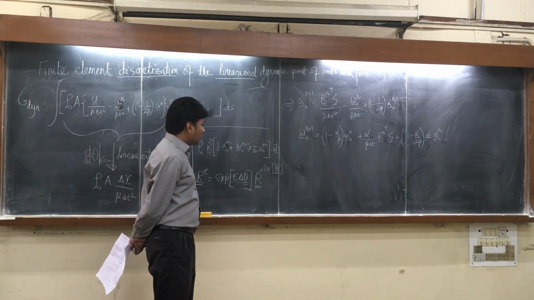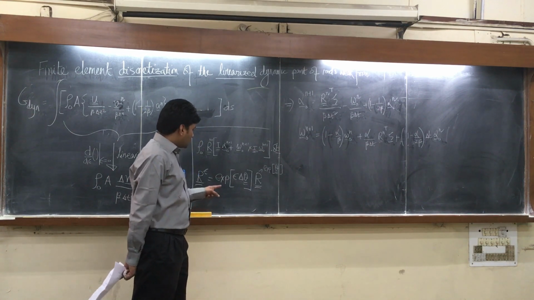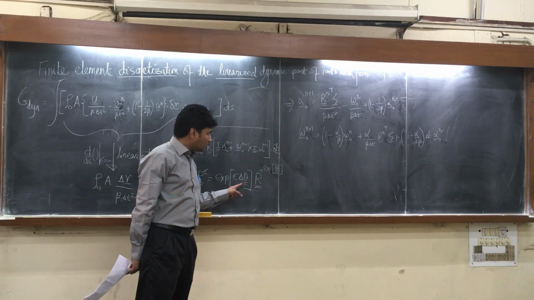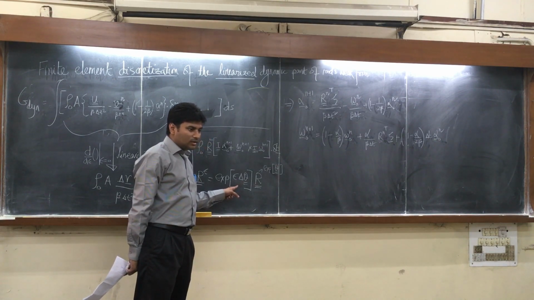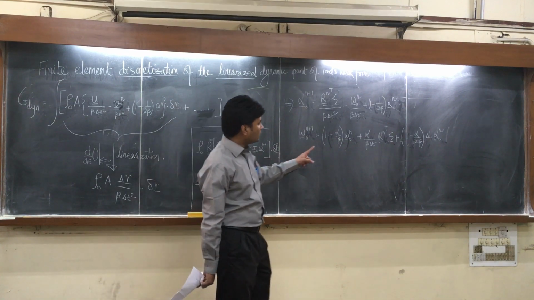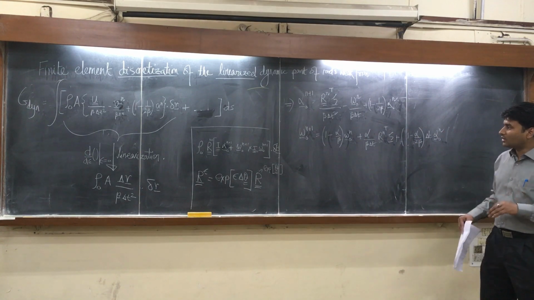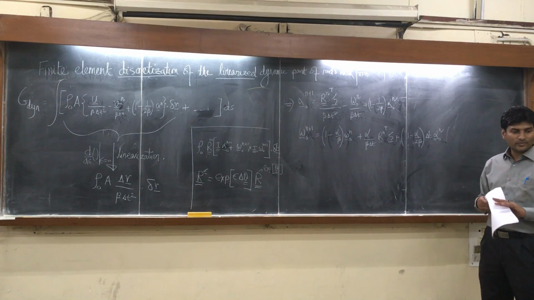Here comes the problem actually, because in the static part, the perturbation that you have here, delta theta, is not the same as the perturbation that we have here, theta. Why are they not the same?